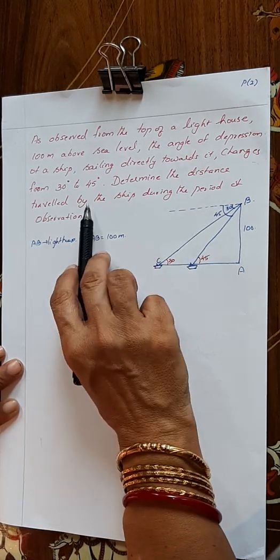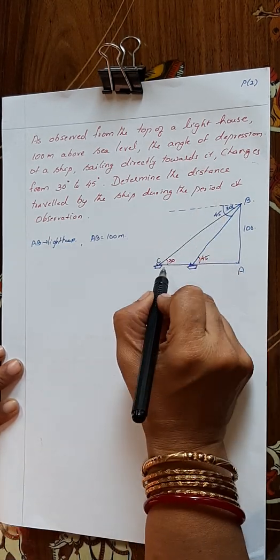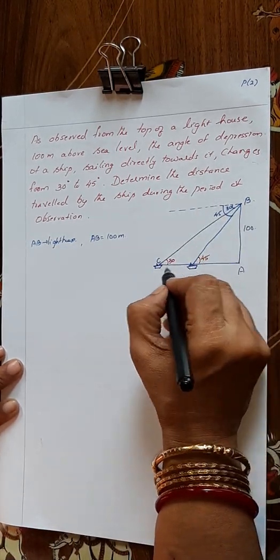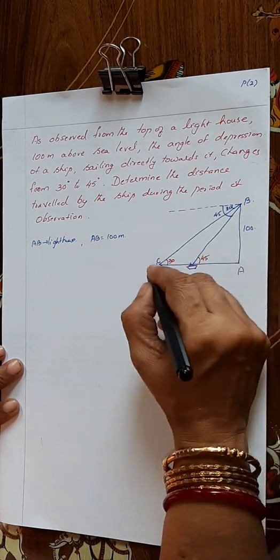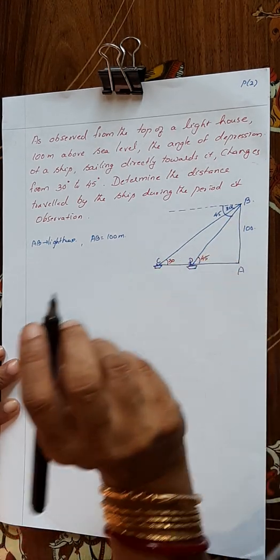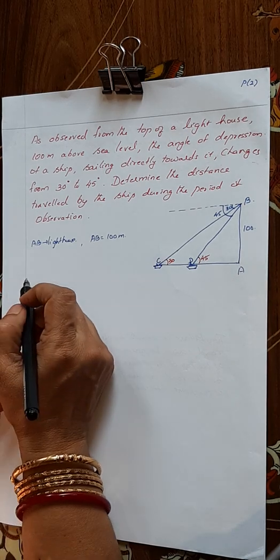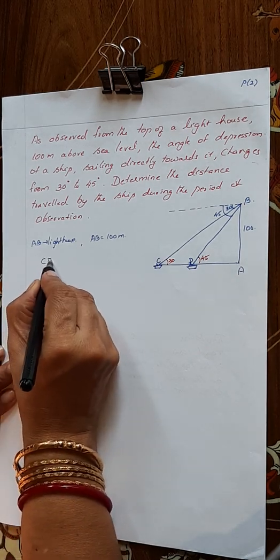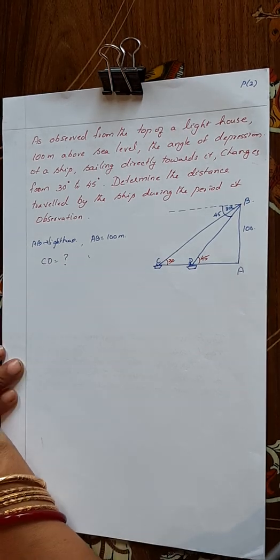Determine the distance travelled by the ship during the period of observation. Now we have to find this distance, that is CD.